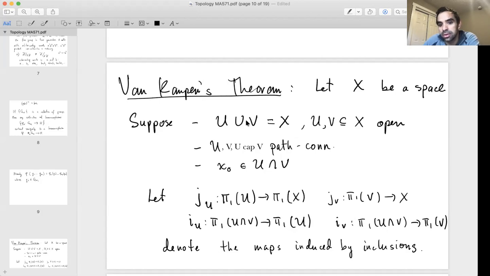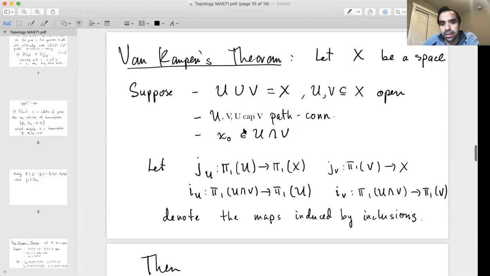We want to say something about the fundamental group of X in terms of the fundamental group of U and the fundamental group of V. So we're going to assume that U, V, and the intersection of U and V are path connected.